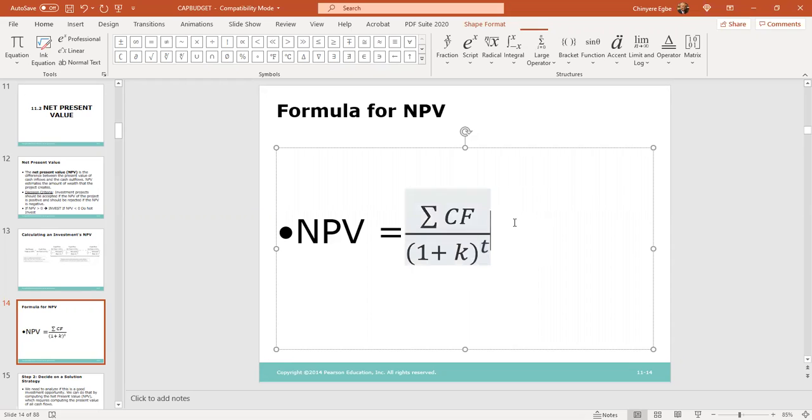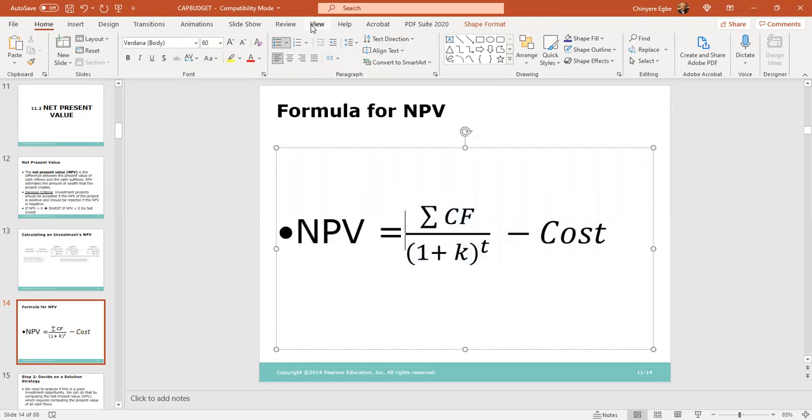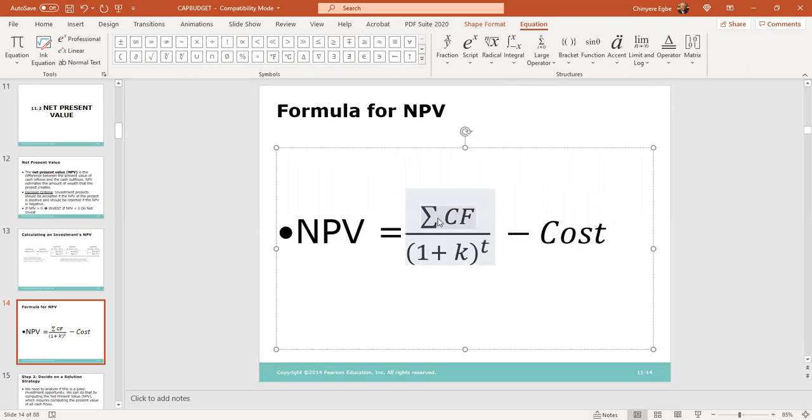All right, and once you can get that, you subtract cost. So this is your net present value. If you sum up the cash flows divided by 1 plus k to the power t, minus cost, then you have your net present value.